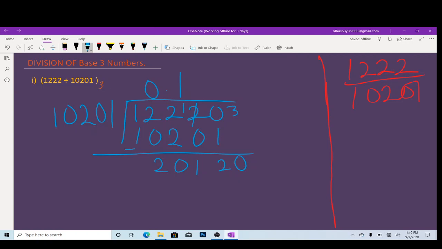You've not gotten how many times we have this in this. This is 10201. This is 200120. Can it be 1? Let's go with 1. This times this, you have 1 0 2 0 1 0 2 0 1. Subtract again.